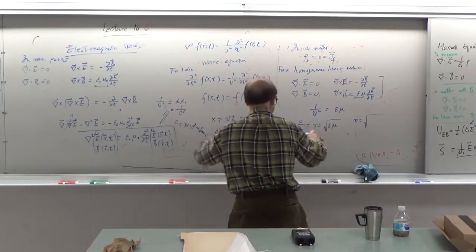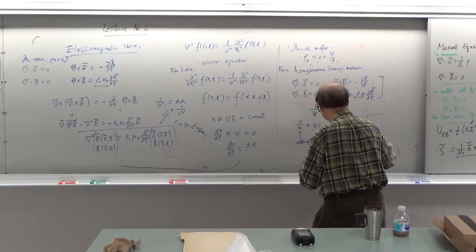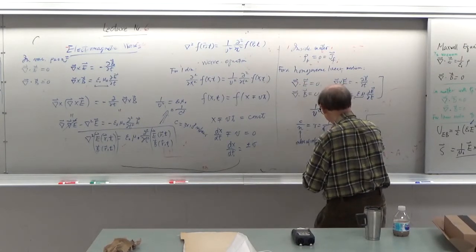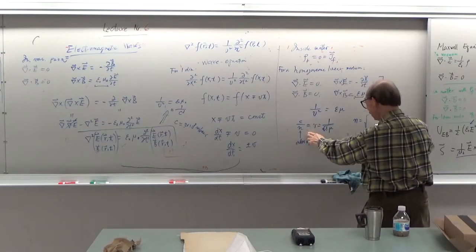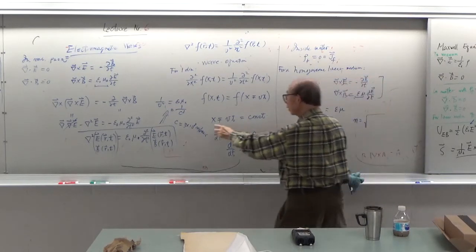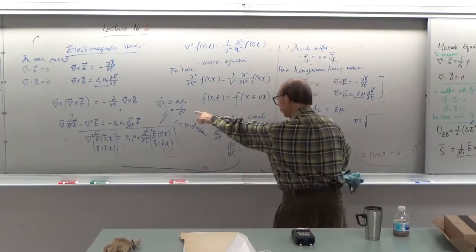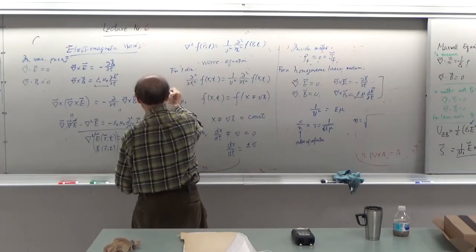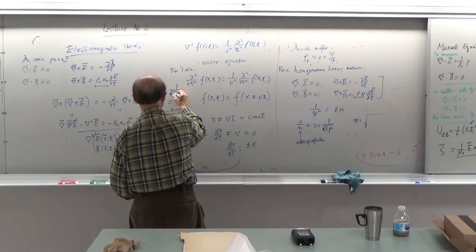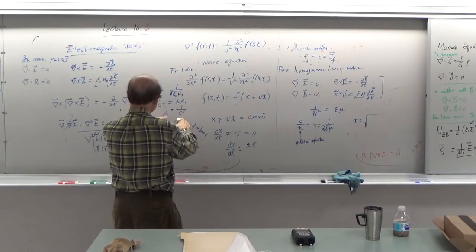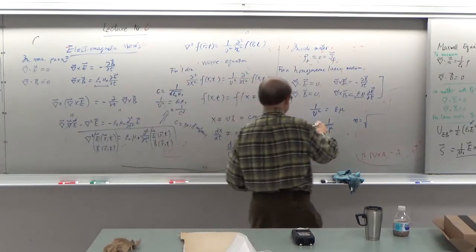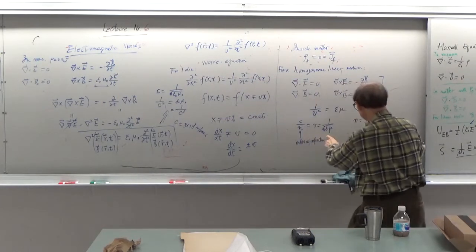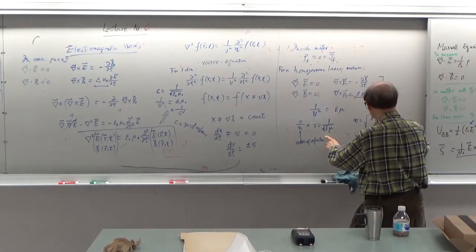V is the inverse of the square root of epsilon mu. Sorry. So n is given by, since c is equal to 1 over the square root of epsilon naught mu naught, the reciprocal, right? So I can write n as the square root of epsilon mu, divided by epsilon naught mu naught.